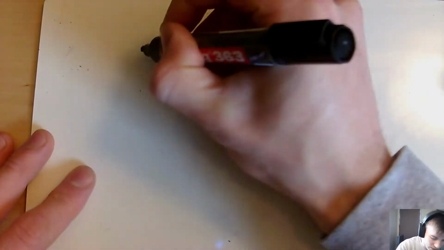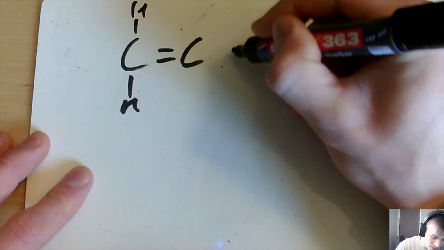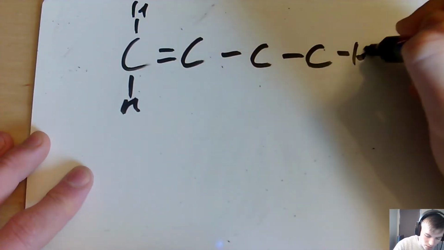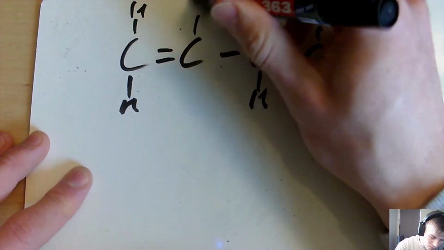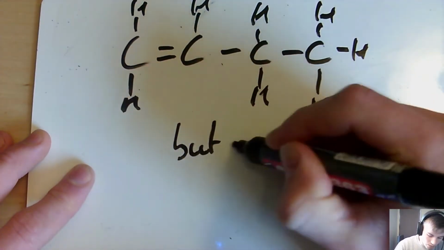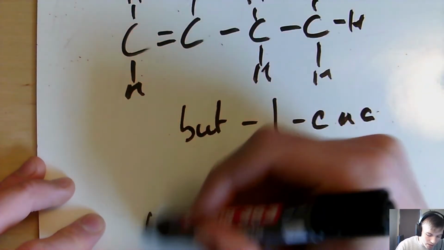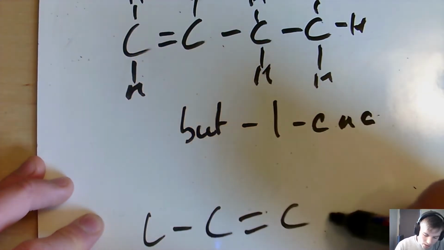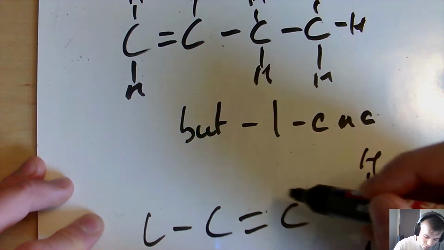For instance, even if I go back to my butene, in this case it's but-1-ene. But-2-ene is technically an isomer because the carbon-carbon double bond is in a different place, which means it has different properties.